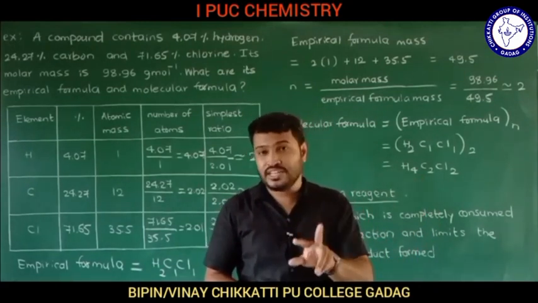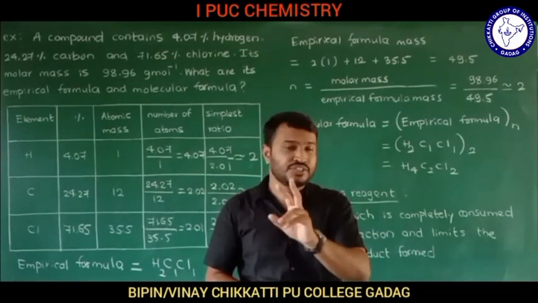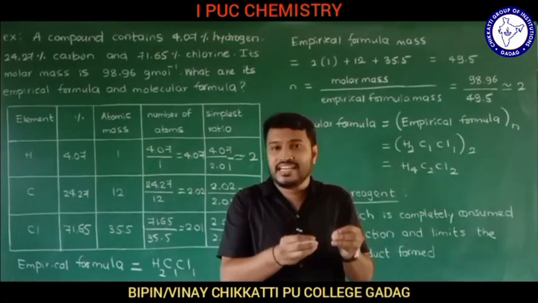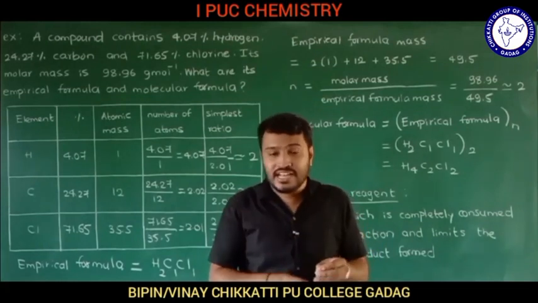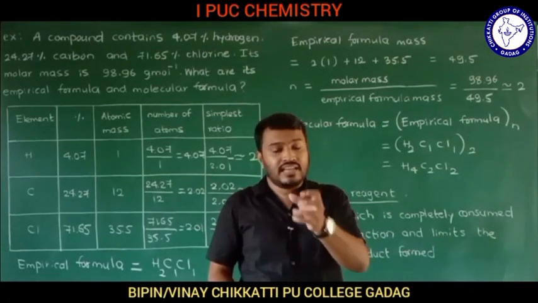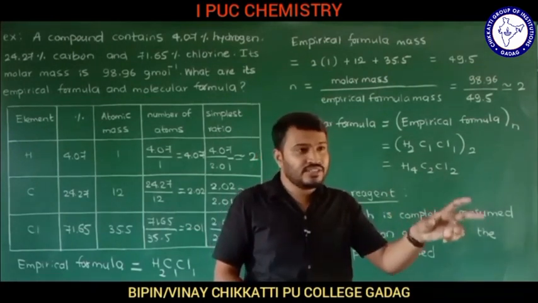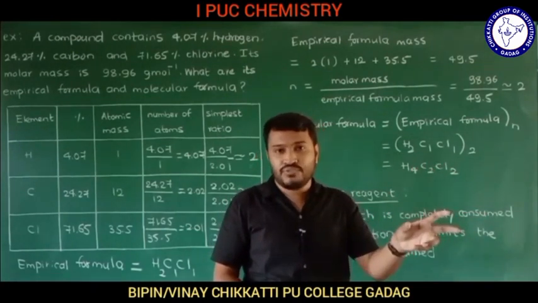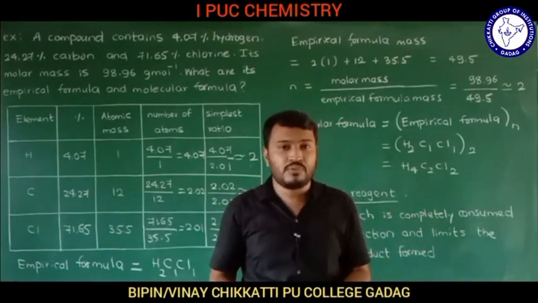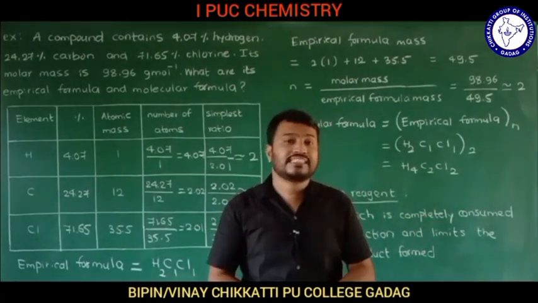That depends on the coefficients, or you can say the stoichiometry. The minimum amount reagent is consumed in the reaction, and the same amount of the other reagent will be consumed, and some extra amount of that reagent will be present, which we call the excess reagent.